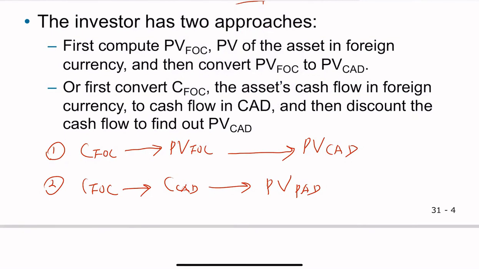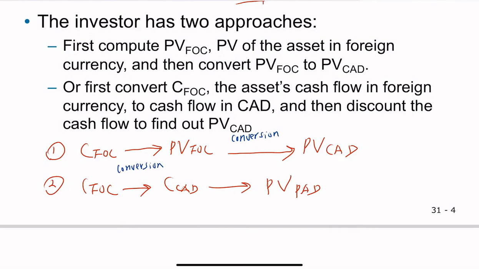In the first method, currency conversion happens at the second stage. In the second method, the currency conversion happens at the first stage. Right?